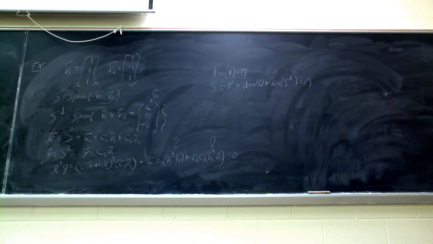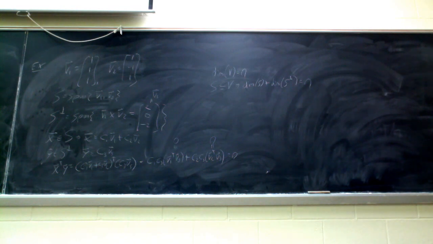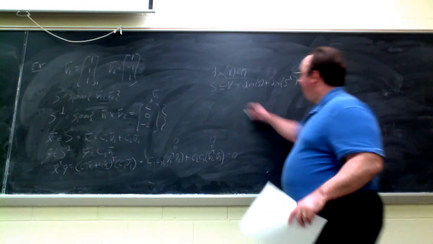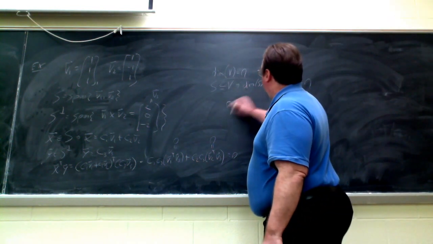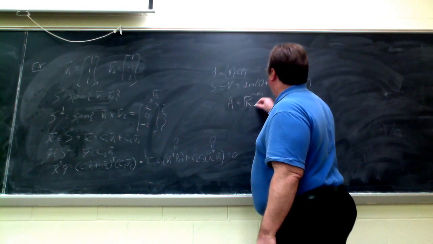Now, the orthogonal complement gives us a way to relate certain subspaces that I talked about before. I talked about the null space of a matrix and also the range of a matrix. The range is a span of the columns of a matrix, and a null space is a set of all vectors that you multiply by a matrix to get 0. So to recap, let A be an m by n matrix.